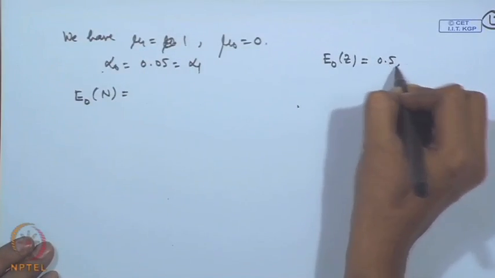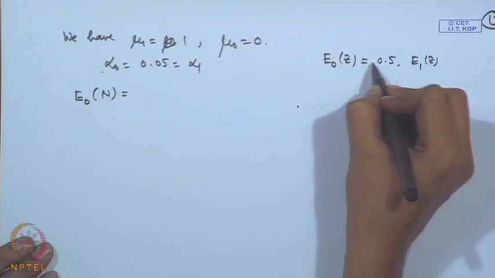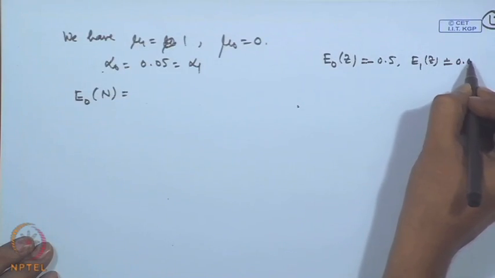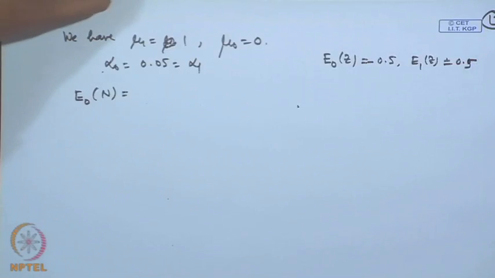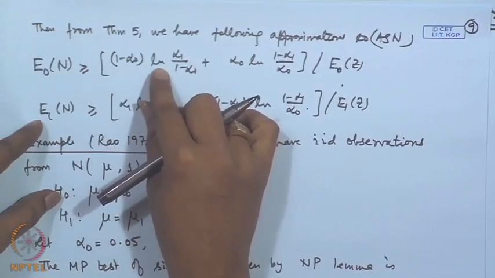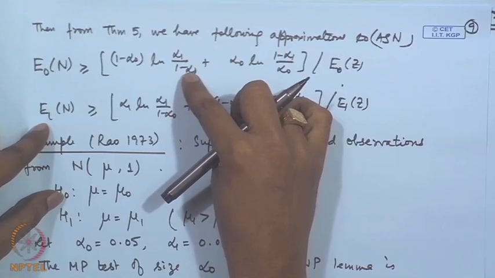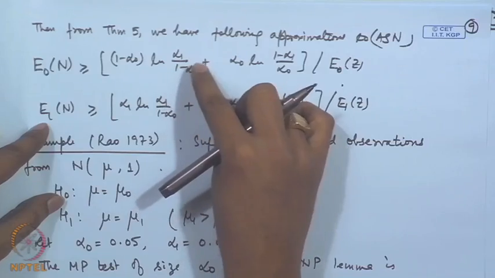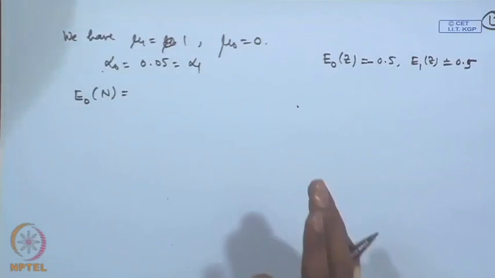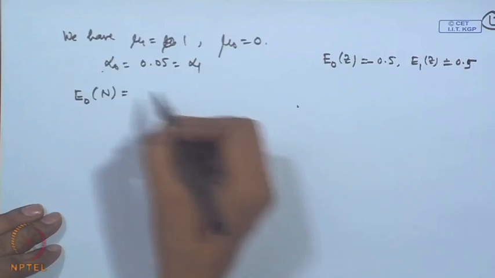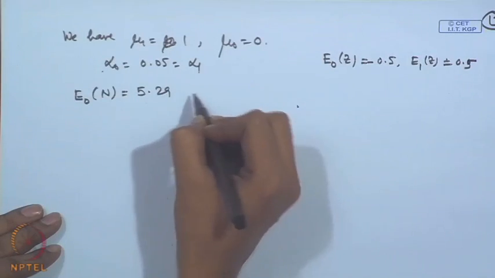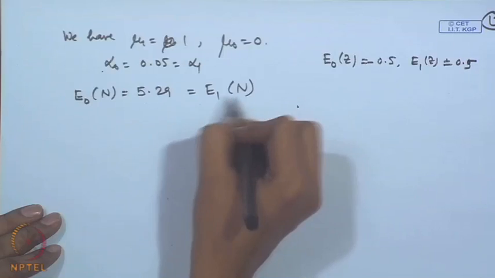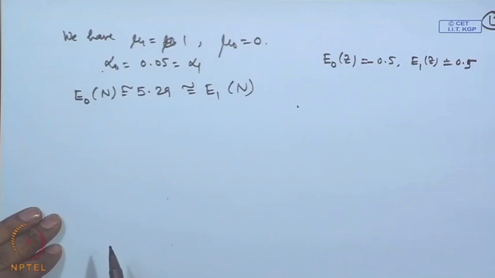So, that is 0.5, and we need to calculate the values given in this formula here. So, this will become 0.95 ln of 0.05 divided by 0.95, which we can easily calculate because it will be log of 19 here, that is 2.49 something. We substitute all these values, we get the average sample number under h naught and h 1 both as 5.29.